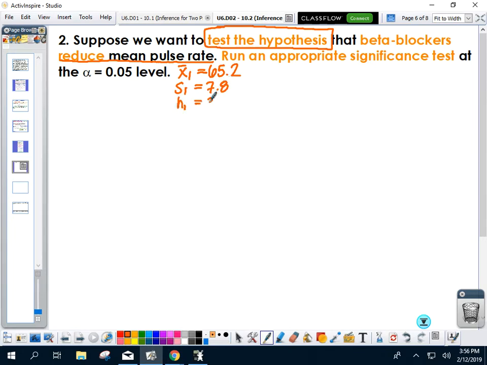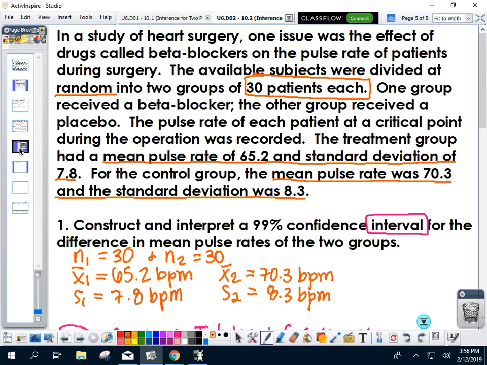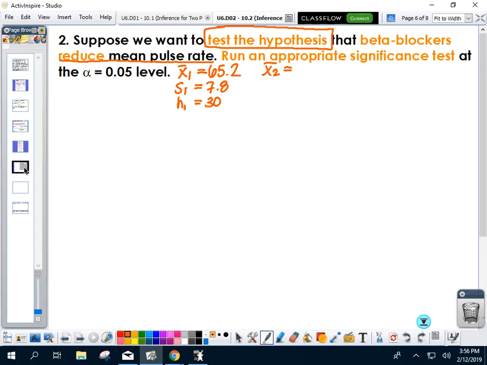And n1 was 30, I know that. X bar 2, I know it was 70 something, 70.3, and S2 was 8.3. All right, so we just need those numbers again, and then we'll get started with our PASS.